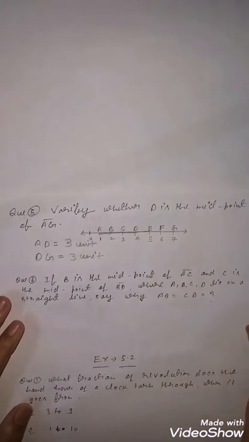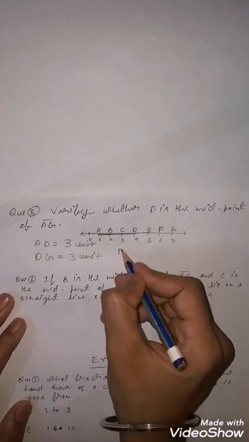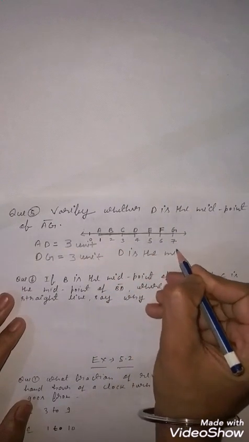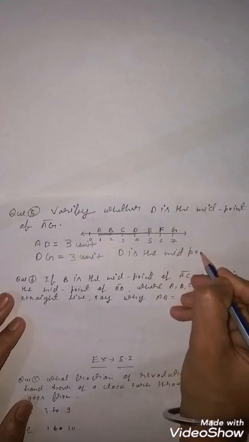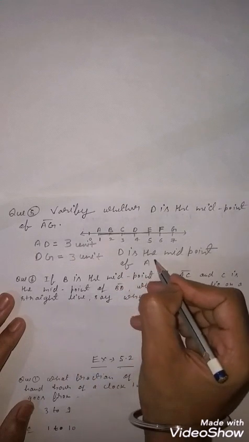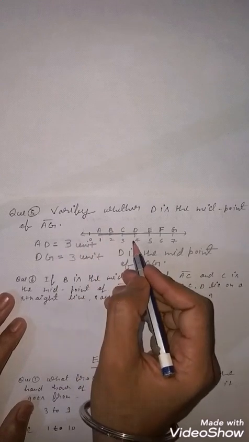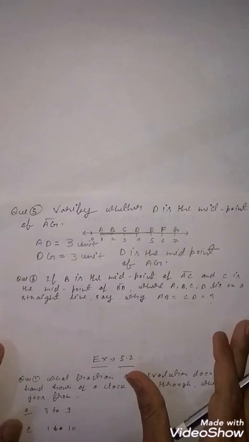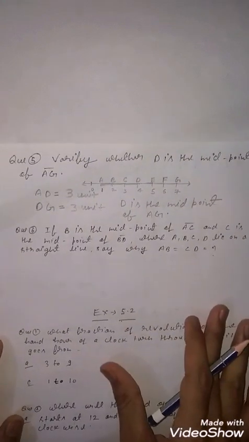So now we can say D is the midpoint of AG. How can you say? Because you know that the A to D distance is equal and D to G distance is also equal. Clear students? Now come to the next question.